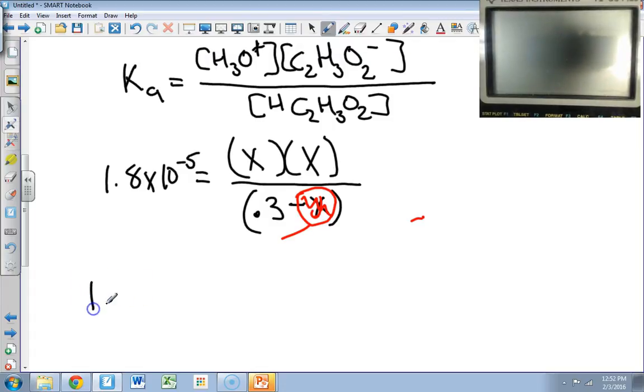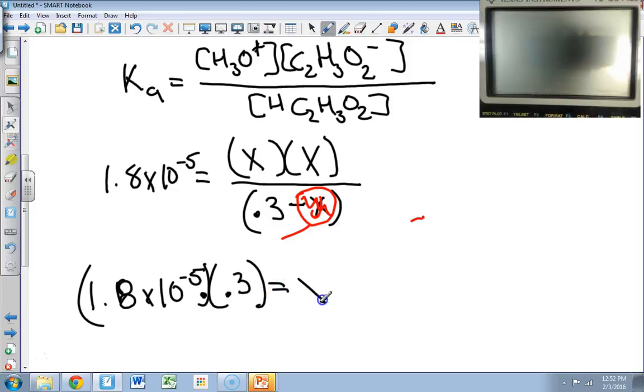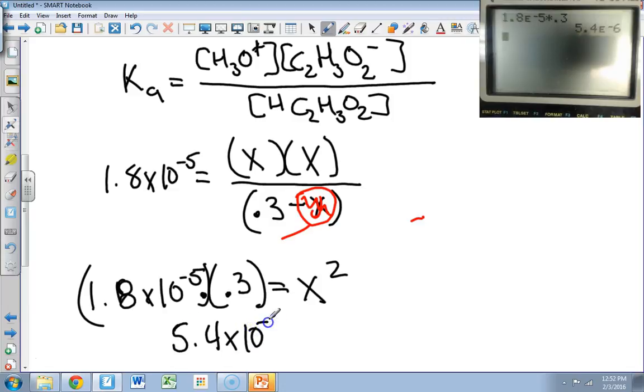So now let's solve it. We get 1.8 times 10 to the negative fifth, times, again this is on the bottom, 0.3 equals x squared. So let's do that. 1.8 times 10 to the negative 5, notice how I'm writing that in my calculator, times 0.3, and so we get 5.4 times 10 to the minus 6 equals x squared.